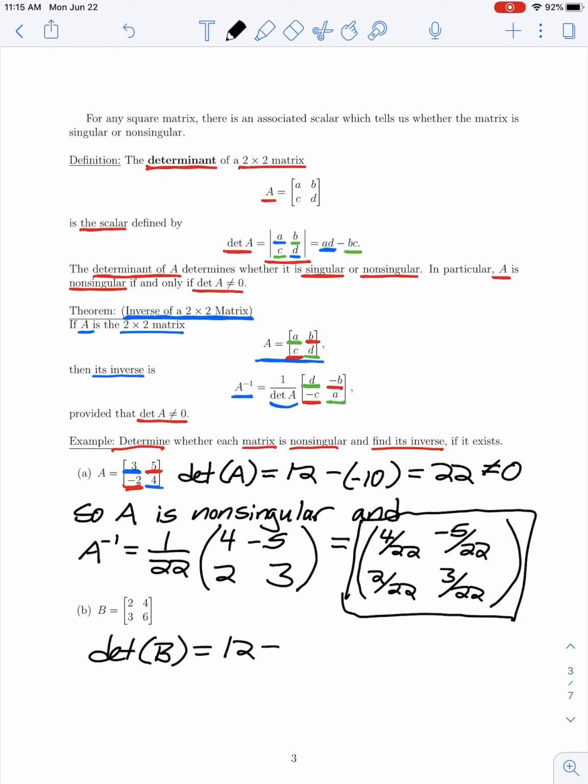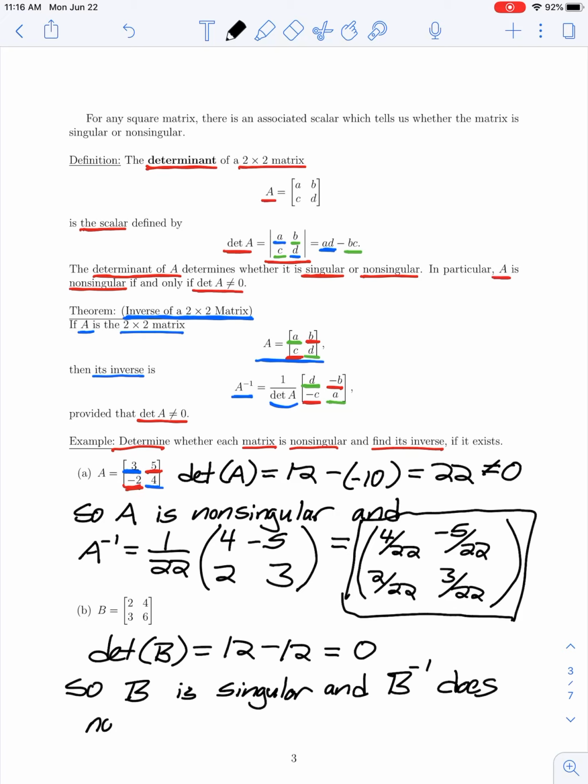And then we're subtracting the product of the off-diagonal entries, which is also 12. So we're left with a determinant of 0, which means that our matrix B is singular, and so B inverse does not exist.